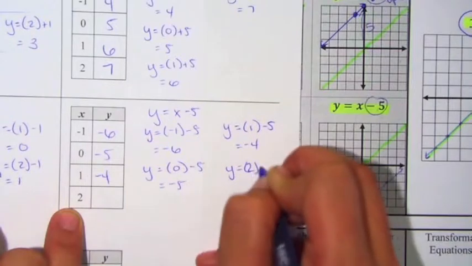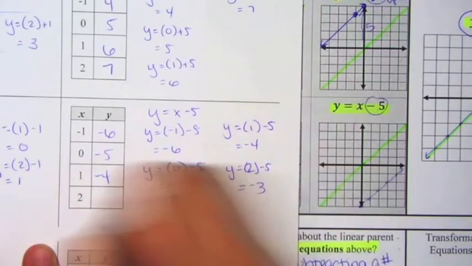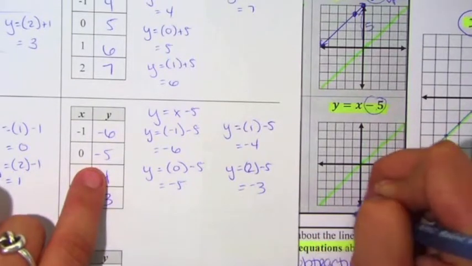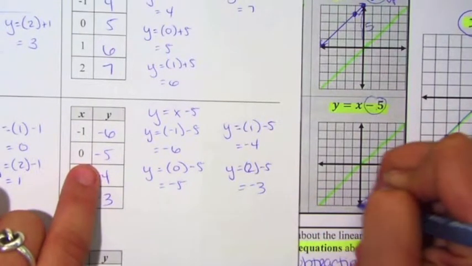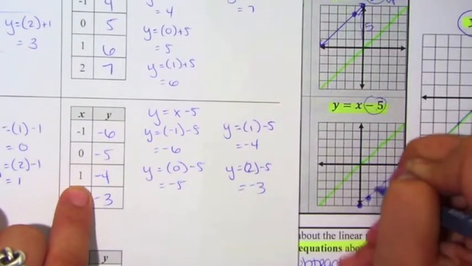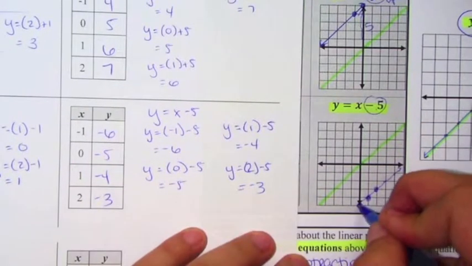So then this will be, just to check, negative 1, negative 6, 0, negative 5, 1, negative 4, 2, negative 3. So look at that. It was actually the same.